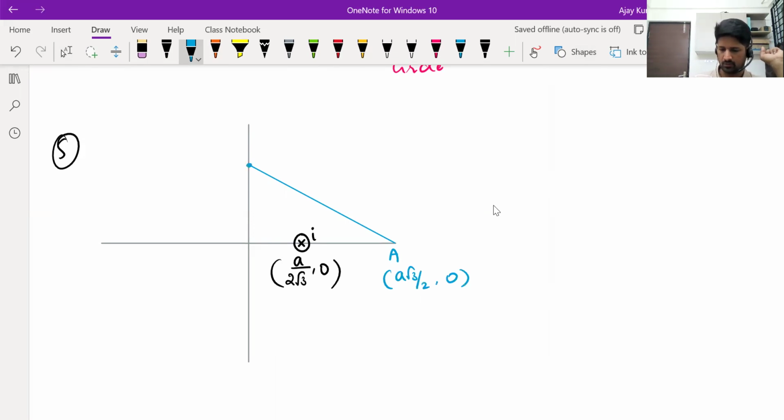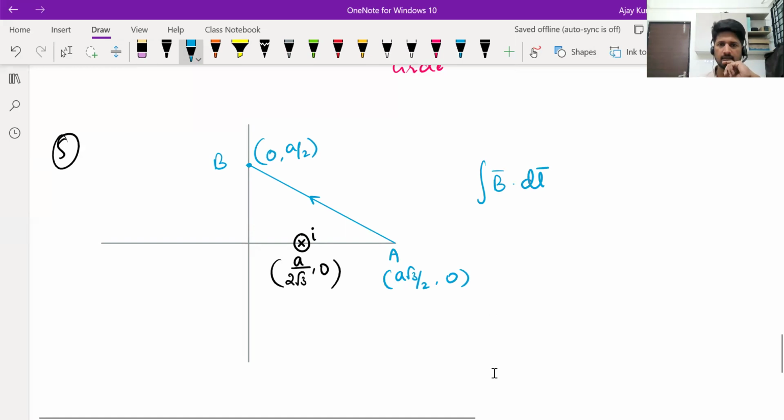And from there you go to point B, whose coordinates, I think you can guess, are 0, comma a by 2. Along that path, it's not a closed path, I want you all to find out integral B dot dl. The magnetic field is produced by this current. Try. The hint is in the coordinates actually.